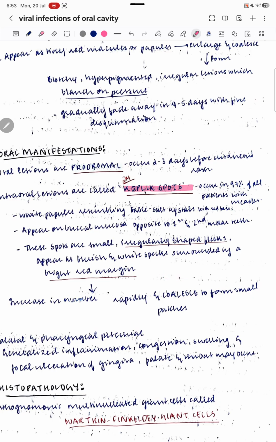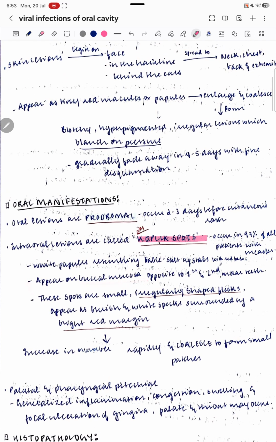Where is the appearance seen? It is seen on the buccal mucosa opposite to the first and second molar teeth.